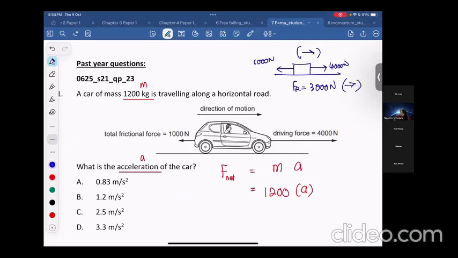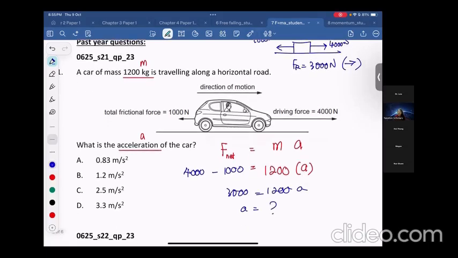So this one should be 4000 minus 1000. So we get 3000 equals to 1200a. So count what is your a. That's all. This question is to tell you the force is not the driving force, not the frictional force, it is the resultant force. F equals to ma. If you press your calculator, you should get C. Answer is C. If no question, we try question number 2.